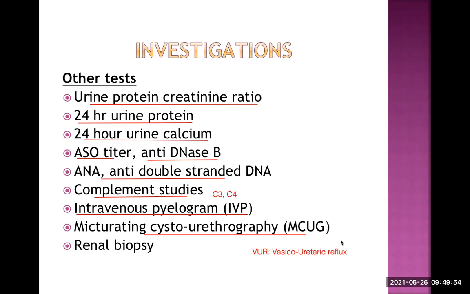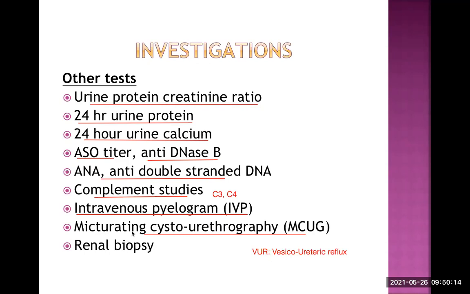Now, this is a good type of test which diagnoses vesicoureteric reflux. Let me tell a little bit about this. What we do here is give a radio contrast material through a catheter. The catheter is inserted through the urethra and reaches the urinary bladder.